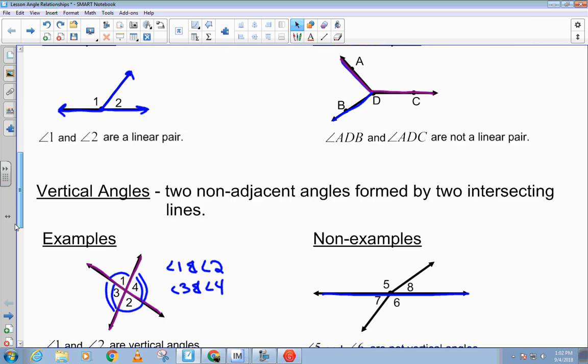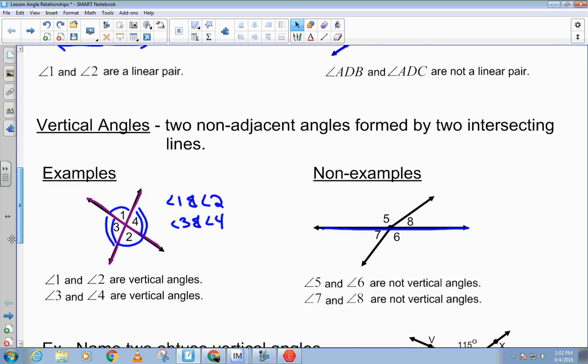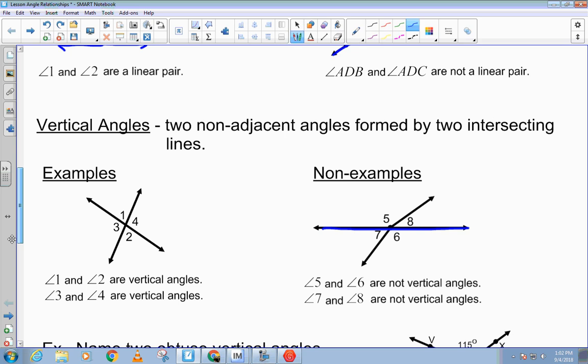Okay? If I say the word vertical angles, then that picture right there should pop into your head. And what do we know about vertical angles? They're congruent to each other. So if angle 1 is 60 and angle 2 is 60. Okay?